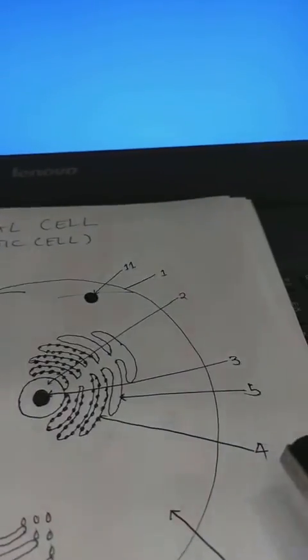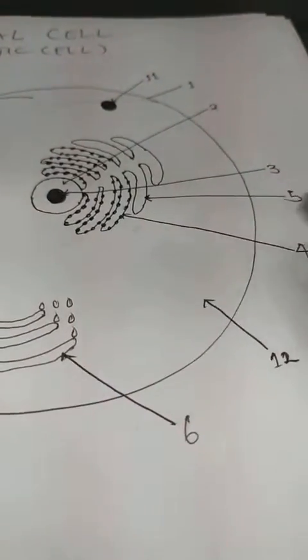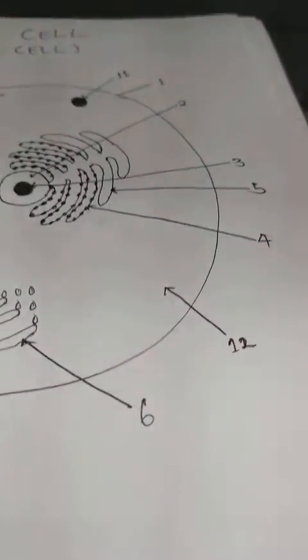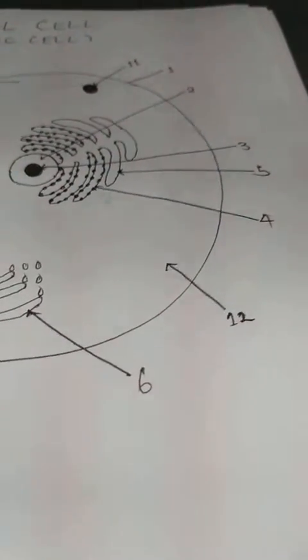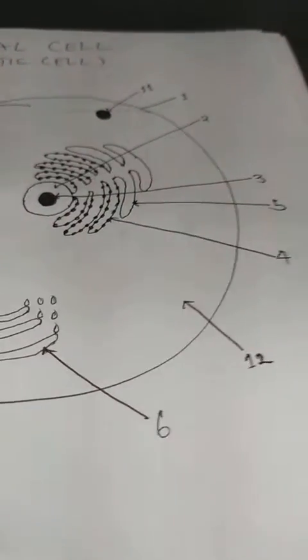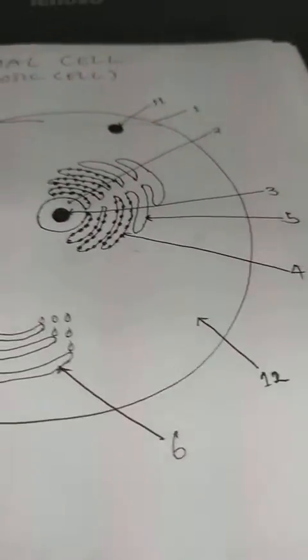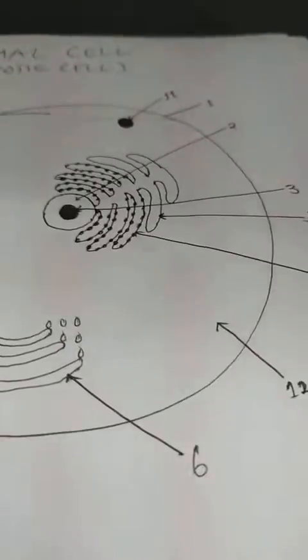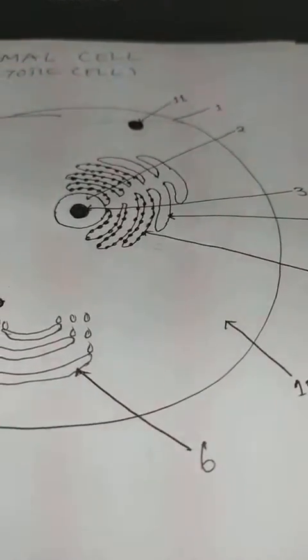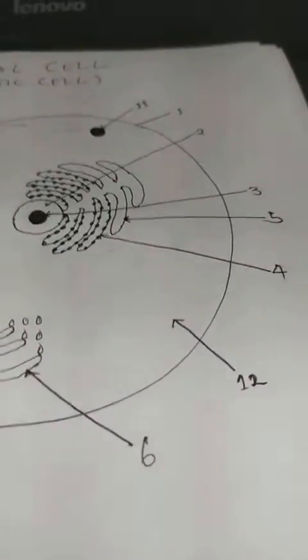Let's move to another structure, labeled by number 4, known as the rough endoplasmic reticulum. Its main function is direct synthesis of protein.